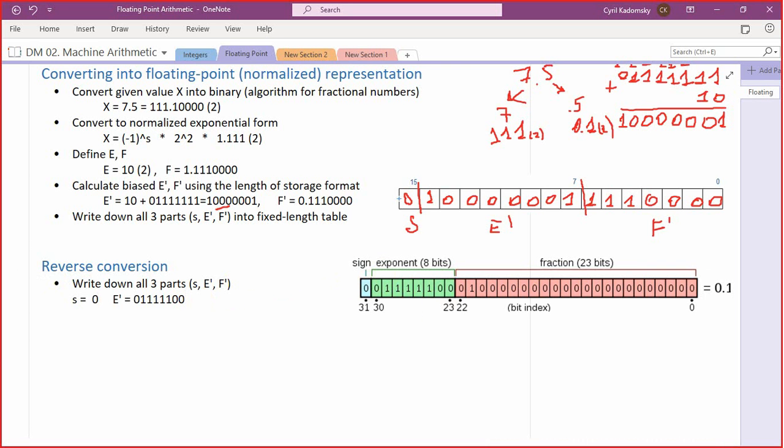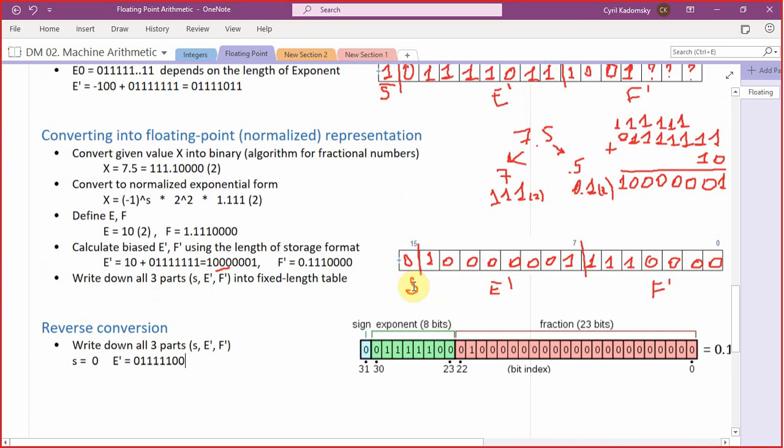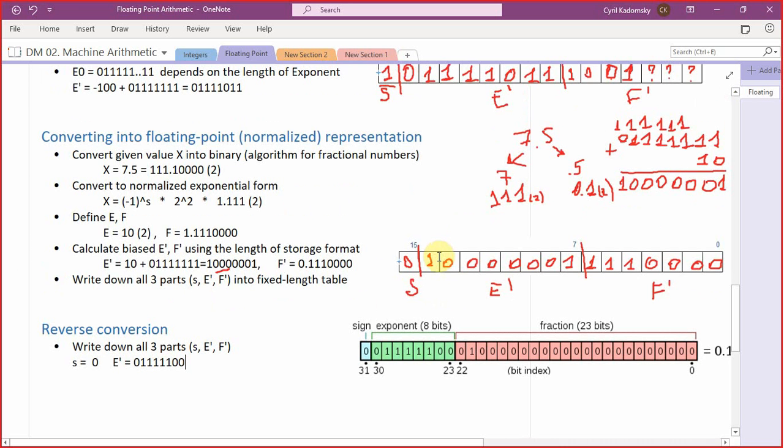And you tell me now, is the exponent positive or negative? It starts from 0, so it's obviously positive.